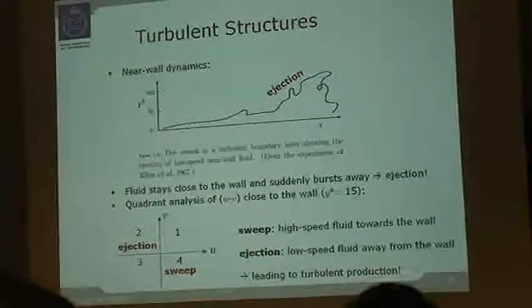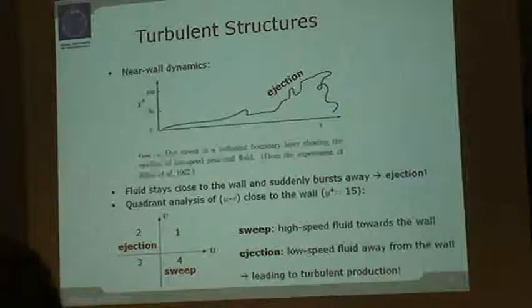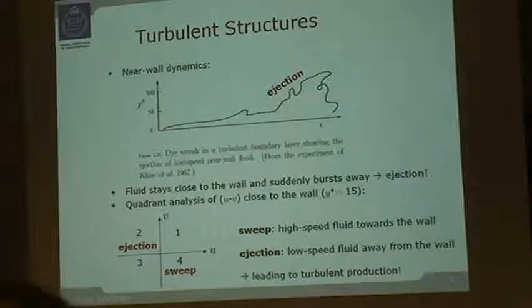Because there are other things that are important that are also present in the list provided by Robinson. And essentially, that's something related to ejections and sweep reactions, which are also something very dominant close to the wall. Essentially, this plot shows what is meant here.